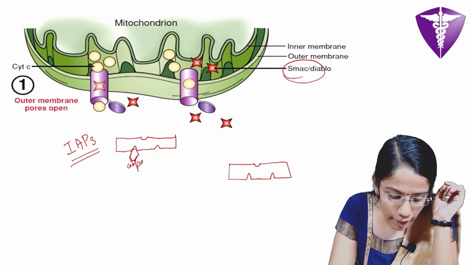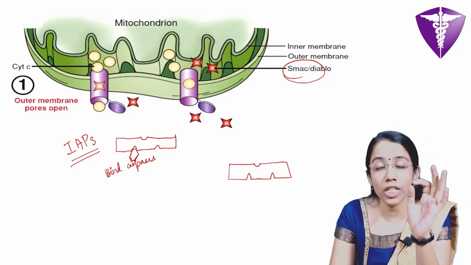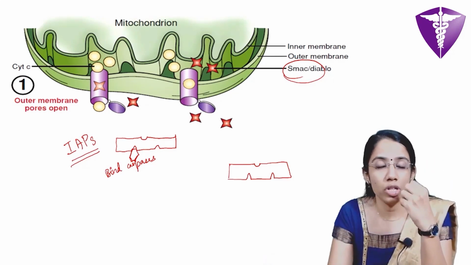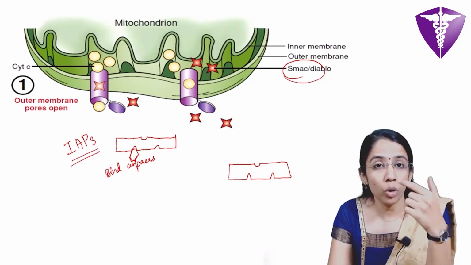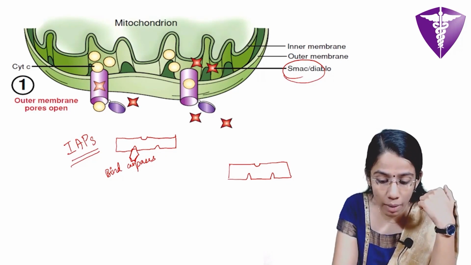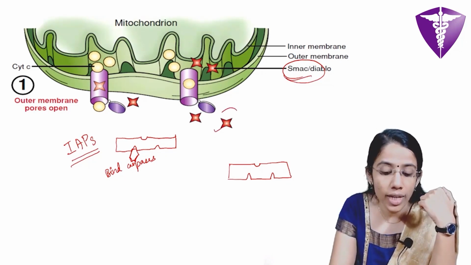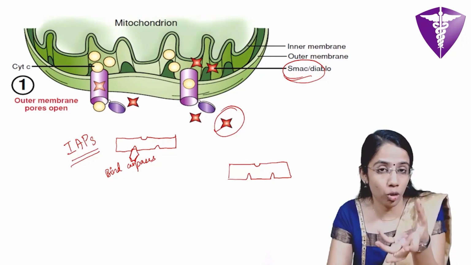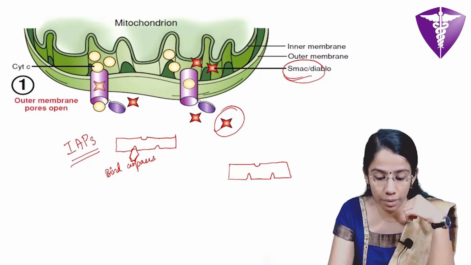This is the normal function of the physiological inhibitors of apoptosis. But during apoptosis, other proteins other than cytochrome C, such as SMAC/DIABLO, are released from the mitochondria into the cytoplasm.